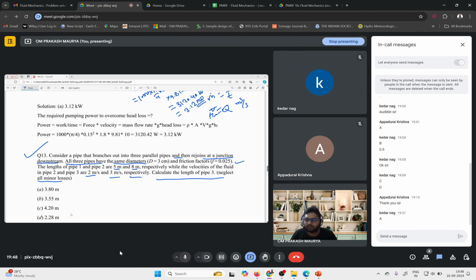You know the formula already: f L V square by 2gD. Obviously the friction factor is the same, so it will cancel out.